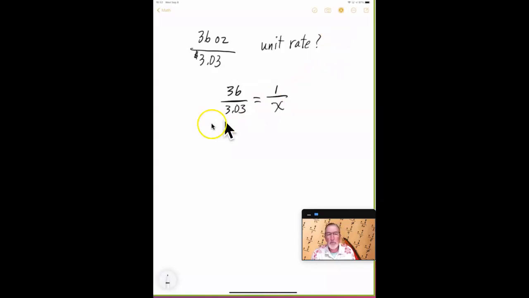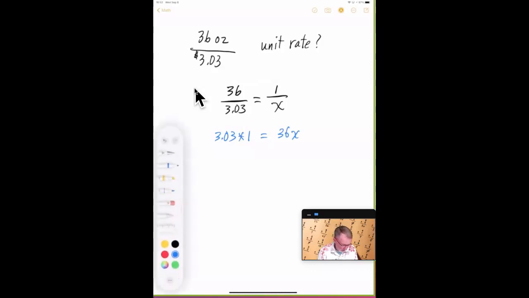And for all of these, we're going to use a similar approach. We'll use cross multiplication to solve for X. So first, we're going to multiply 3.03 times 1, and that's equal to 36X.